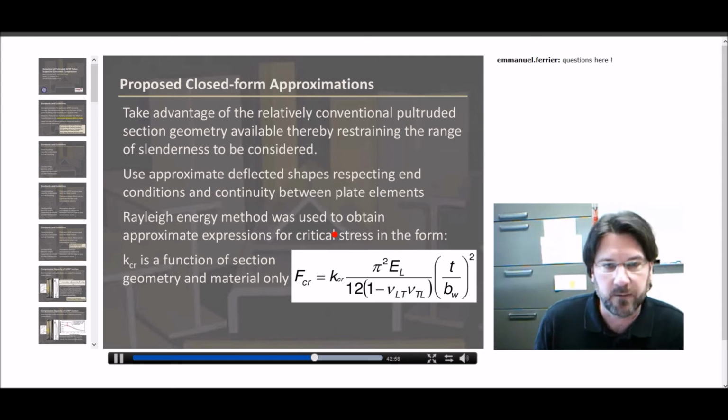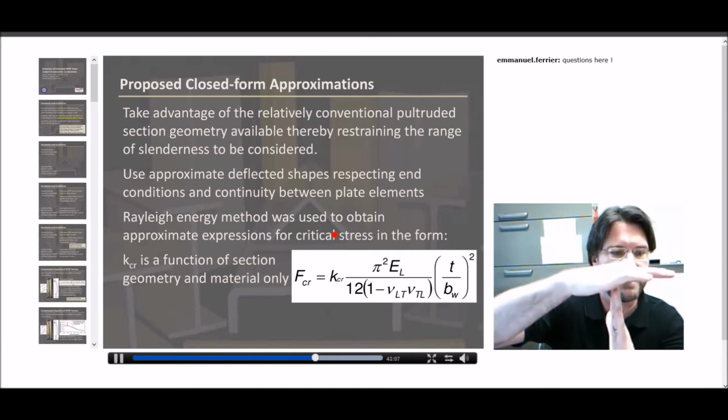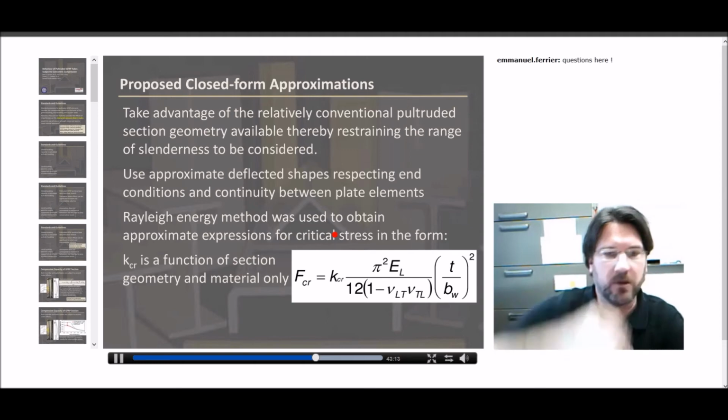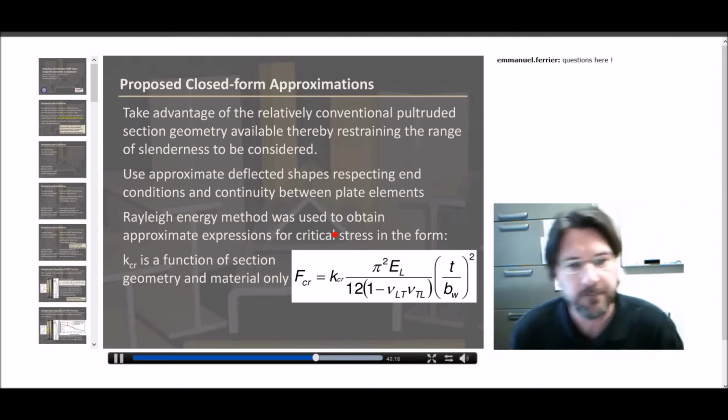We used approximate deflected shapes respecting the boundary conditions as they truly are, and continuity between the plate elements. And so if we take a look at an I section, if one flange tip goes down, the other flange tip has to go up, so we have to reflect that continuity.